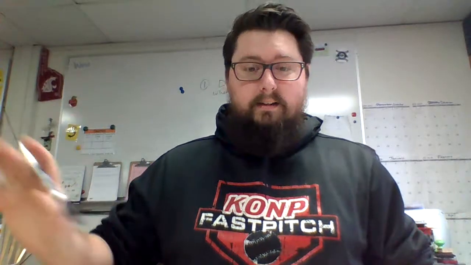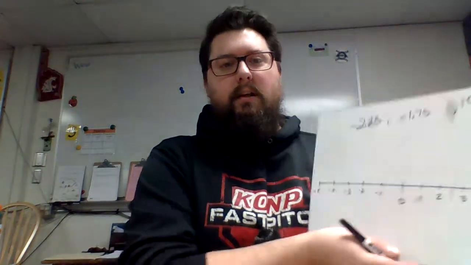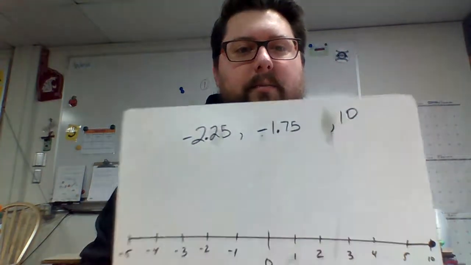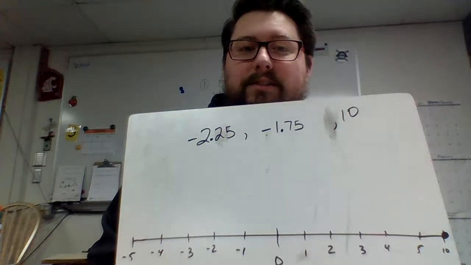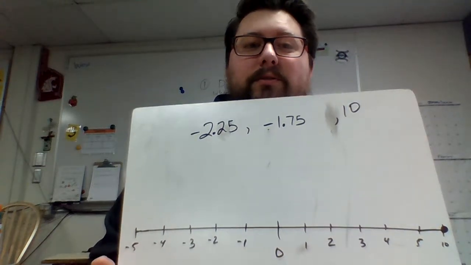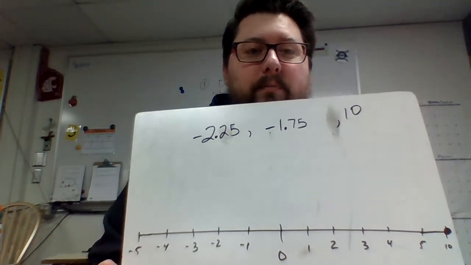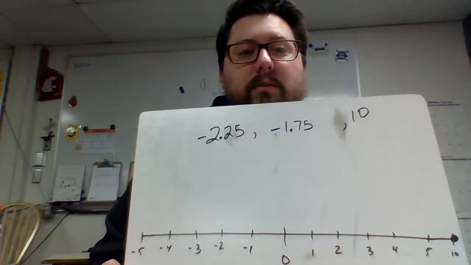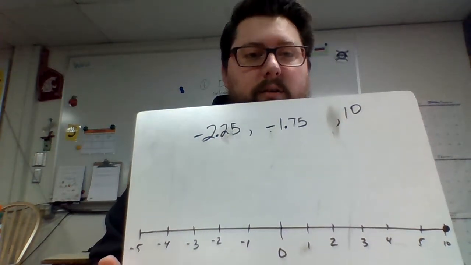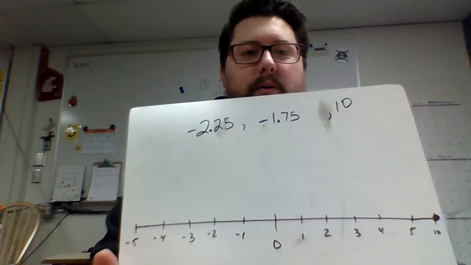If we're showing those on a number line, well, I only made mine go to 5, but we get the point. It's a positive number. Where does $1.75 and 2.25 lie on our number line? Well, think about what you know about those fractions. Those two decimals, 0.25 and 0.75, are very, very common fractions, and we need to be familiar with them. 0.25 is 1/4. So that's like 2 1/4.